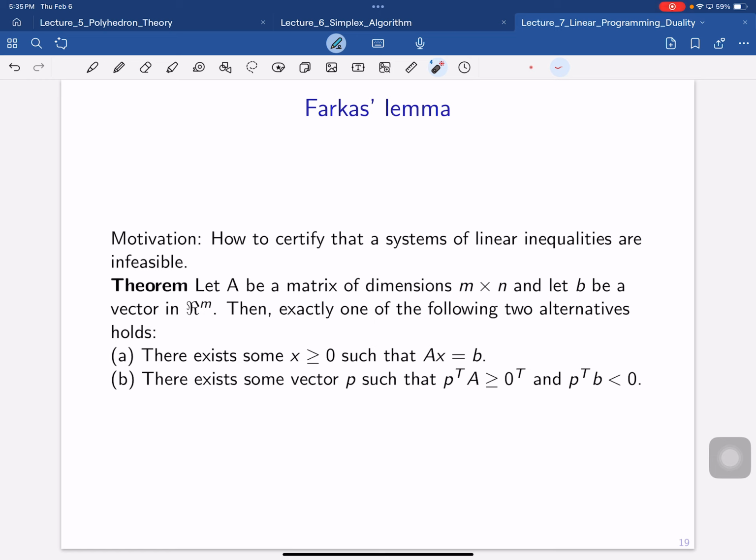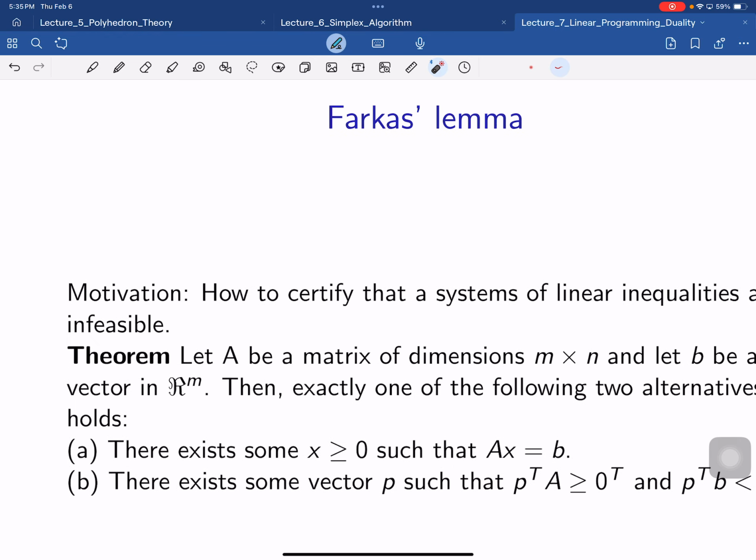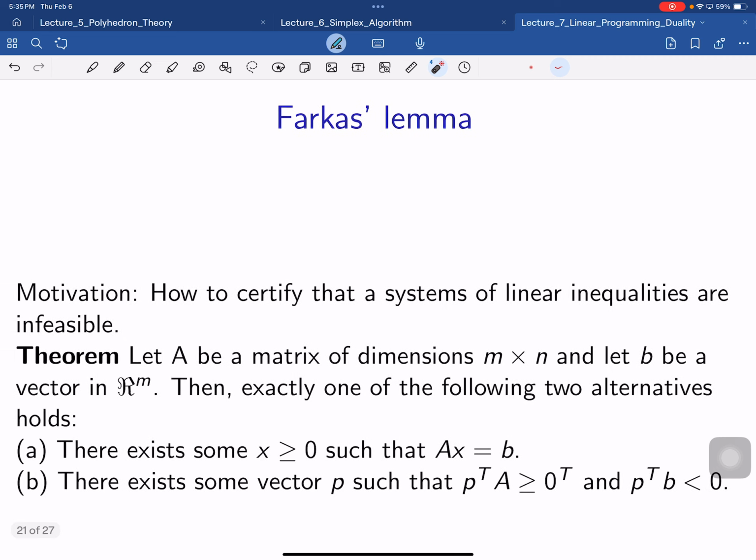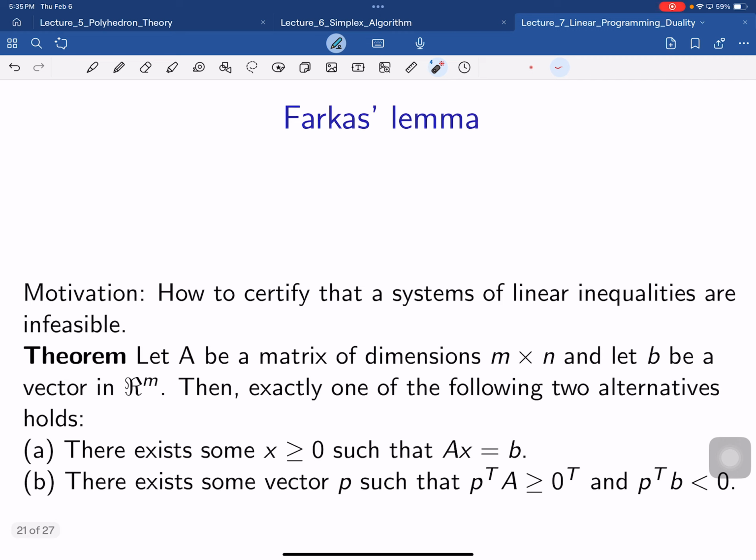So what's the motivation of Farkas lemma? Let's not look at the math for now, right? I won't show you the proof. I just want to give you an intuitive way of how to use this lemma. Okay. So let's suppose you have a system of linear inequalities. Right? I gave you some linear inequalities.